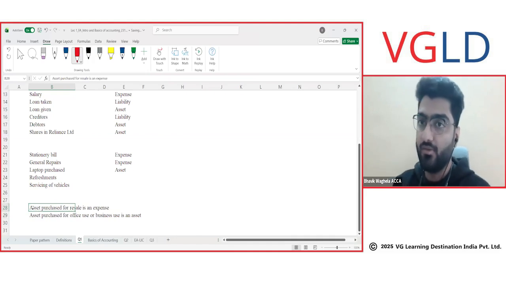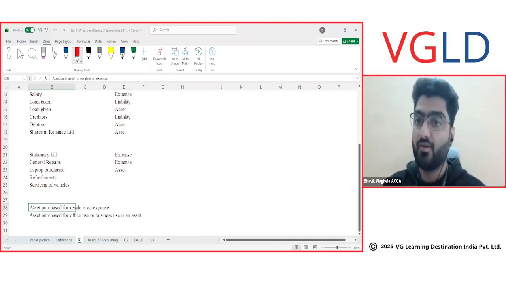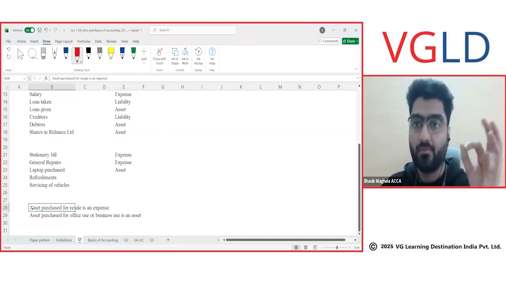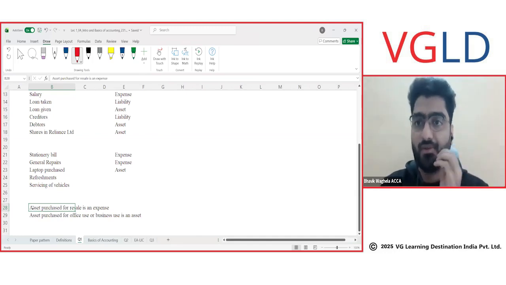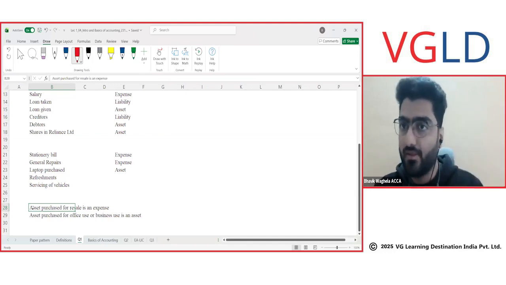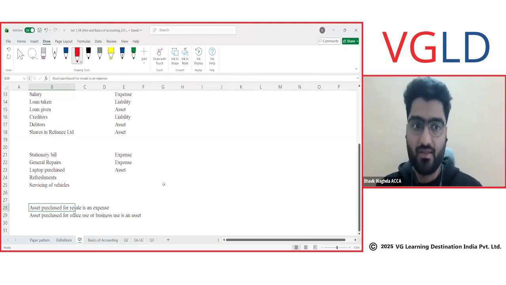The best example I can give you is inventory. Inventory is my asset. But I will be selling it to my customers, and hence I show it as an expense.